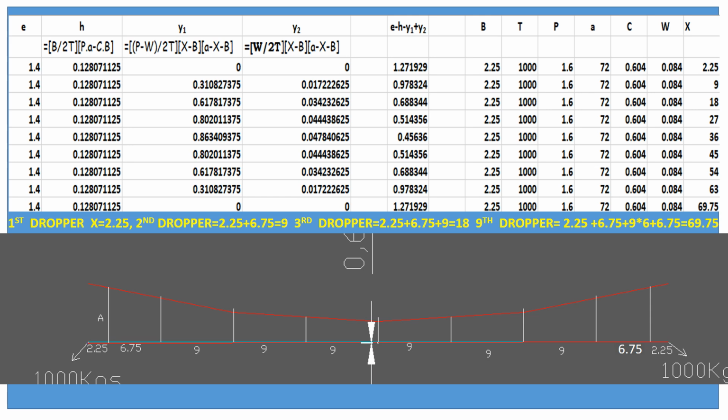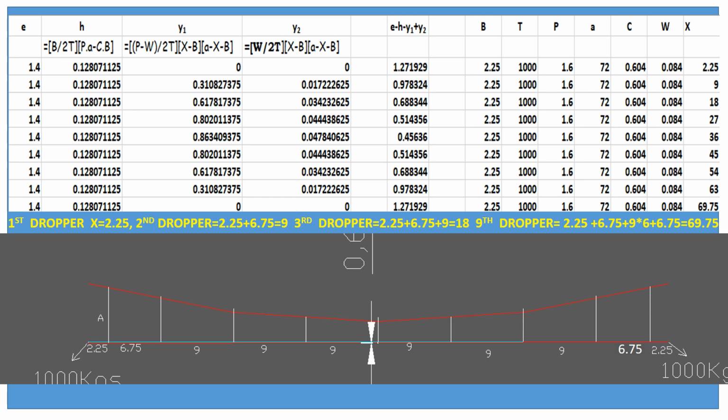Next is Y1. We have found Y1 from the parabolic formula. We have already seen that it is ax square plus bx plus c. We found the constants a, b, c, and it comes to P minus W. P is the weight of OHE, 1.6 kg per meter. W, what is W?